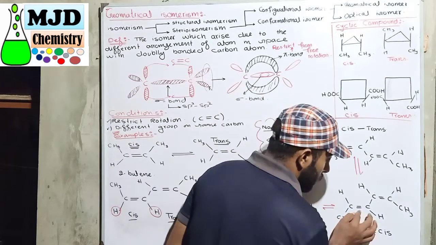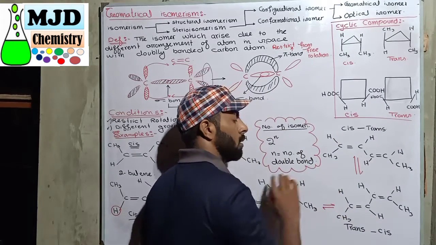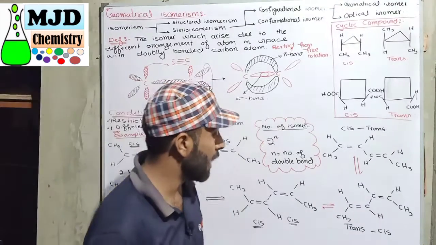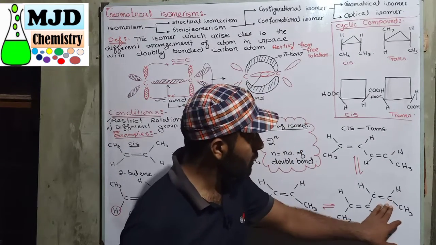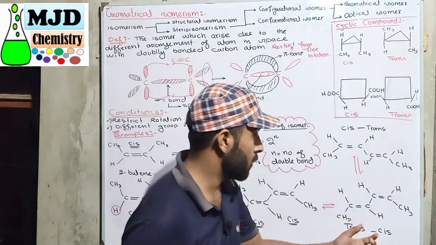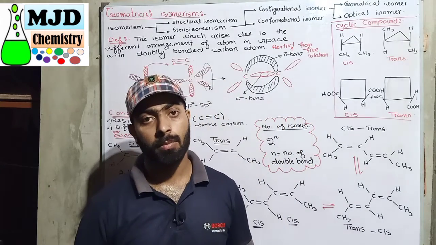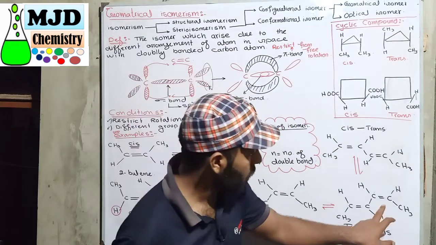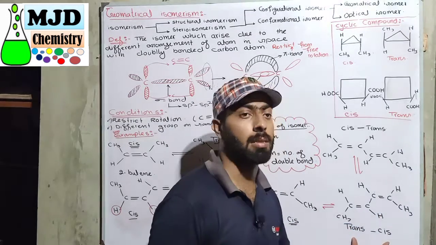Here, in the first double bond, the same functional groups are present on opposite sides. That's why we say this is a trans isomer. When we look at the second double bond, we say that this is also a trans isomer. Then this whole molecule is trans-trans.